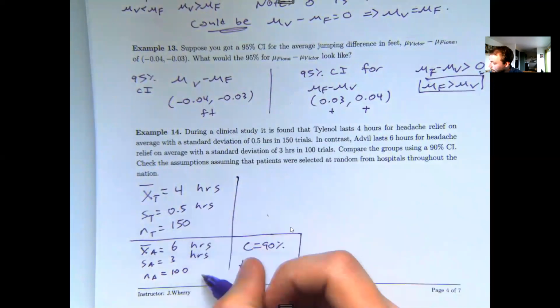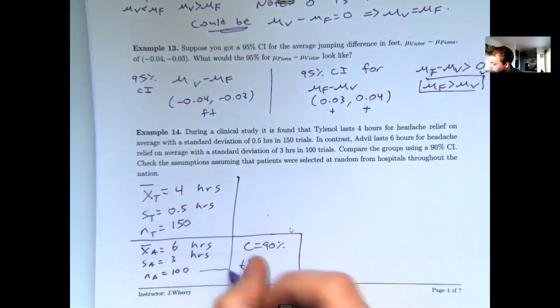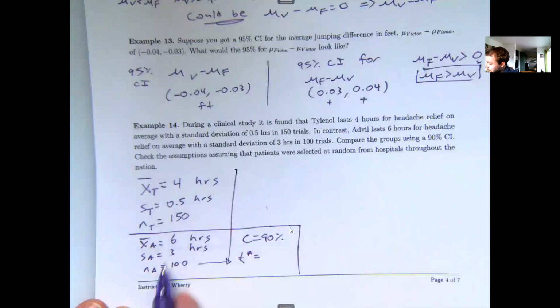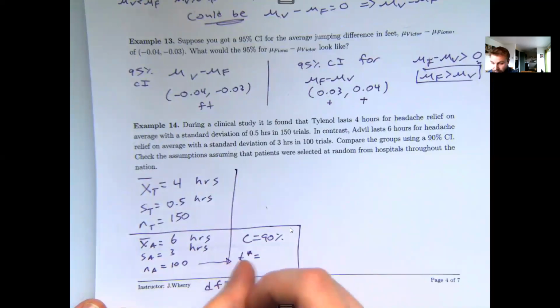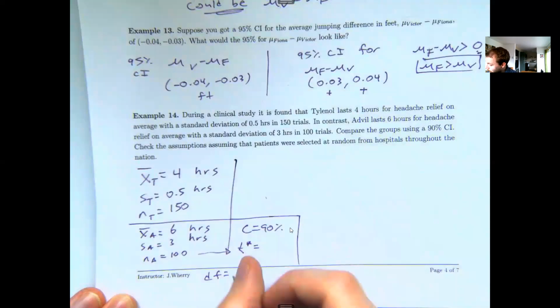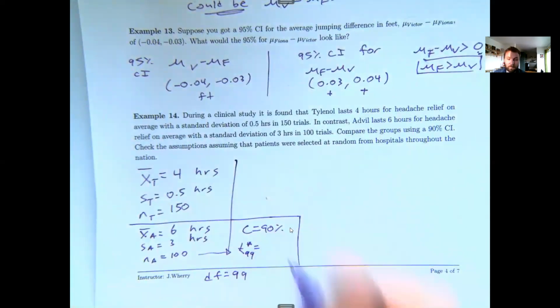When I'm trying to figure out the degree of freedom, I'm always going to base it off the weaker group. 100 samples is smaller than 150. So my DF is going to be based off of that 100 number. 100 minus 1 gives me a degree of freedom of 99. I don't know if 99 is going to show up in my table, so I might just end up using 100 anyways. But let's take a look here.